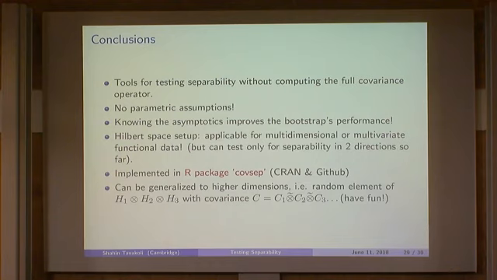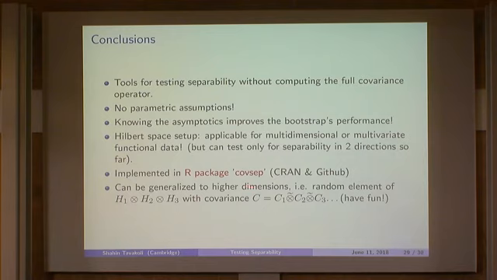The setup I've given you is a general setup in a Hilbert space. So if you have spatial temporal data on a square or on the Earth, it's going to be applicable. All the tests are implemented in a package called CovSet.